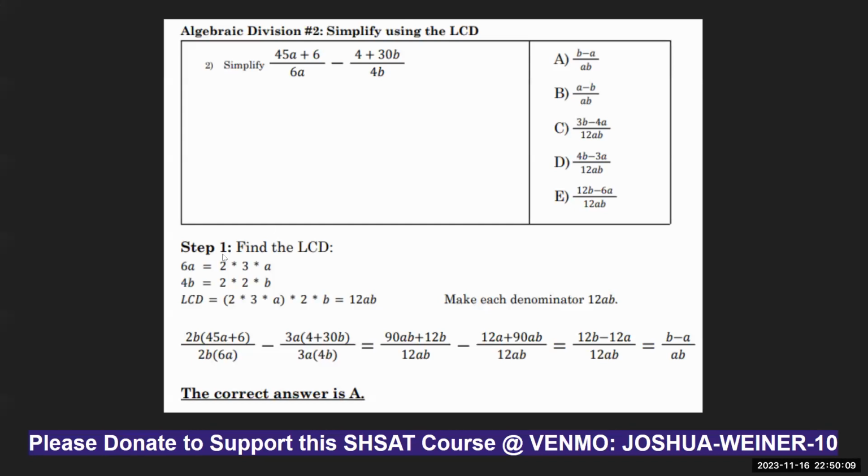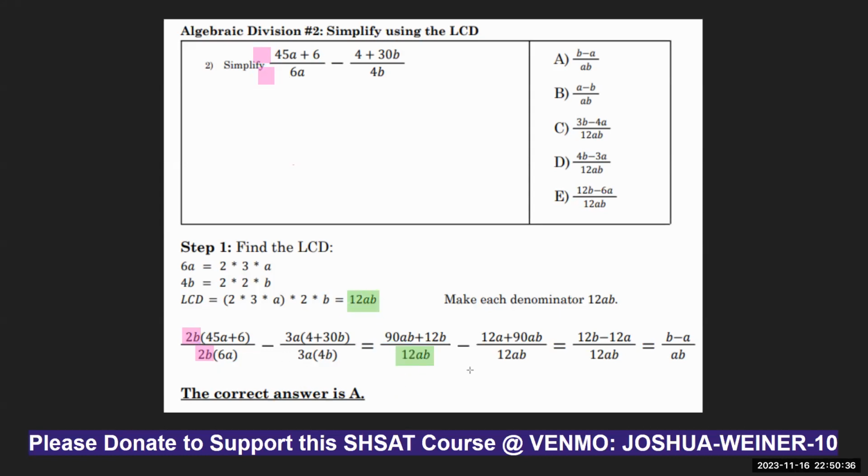To create the same denominator for the first fraction, 6a is already present. We need 2b to be added to the first fraction, so that's on the top in the numerator, and we'll scale it on the bottom. Then we'll have 12ab. That's the least common denominator.